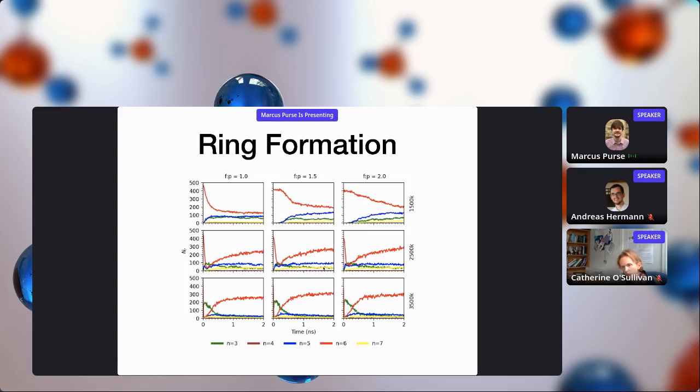So here are graphs of ring formation for each of our 9 simulations as well. Again, it's very obvious that in the beginning you're getting ring openings of your 6-membered rings that start off in the initial structure.